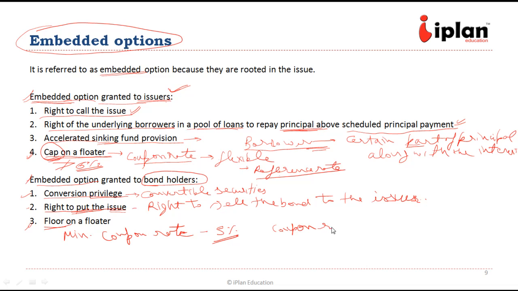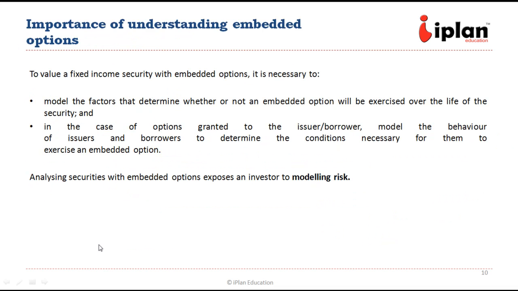As we know, the coupon rate is flexible in floating rate securities, so it cannot fall below 5%. It cannot be less than 5%. So every month or every period, the investor is going to get at least 5% coupon rate. So this is in the interest of the investor or bondholder. This is called floor. This is the minimum coupon rate.